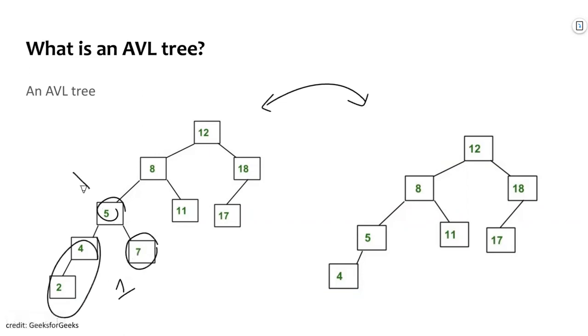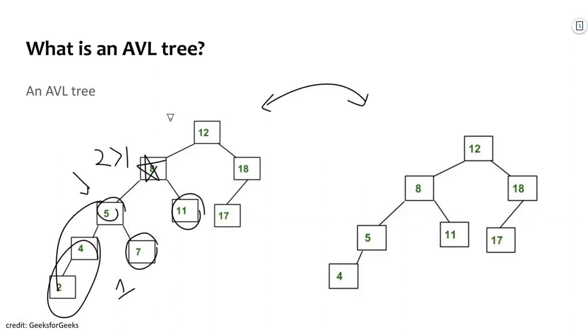So for this node, the AVL property is satisfied. And what about this node? The maximum height of the left part is 3, whereas the height of the right part is 1. So the difference is 2, which is larger than 1.